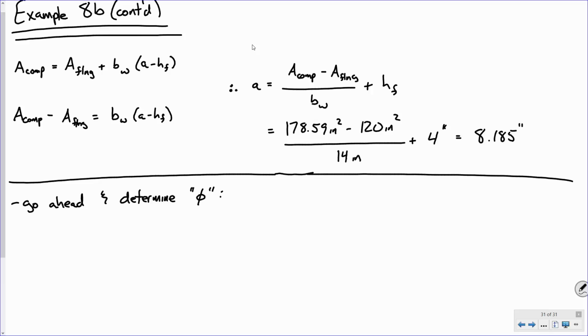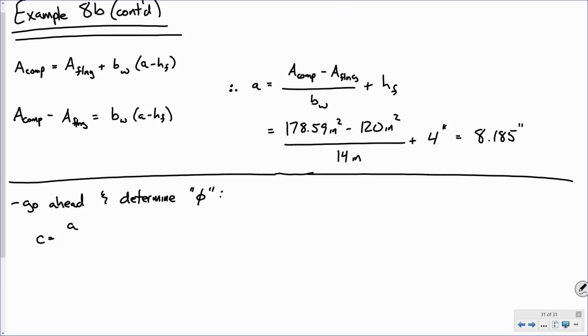Phi is based on what? The strain in the steel. So I calculate the strain in the steel by saying 0.003 times (d minus c) over c. What do I need? Well, I've got d. I need c. How do I calculate that neutral axis depth?